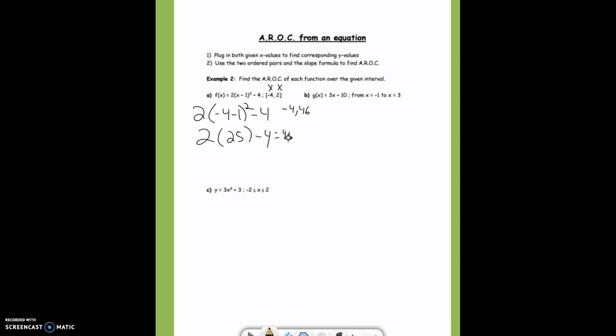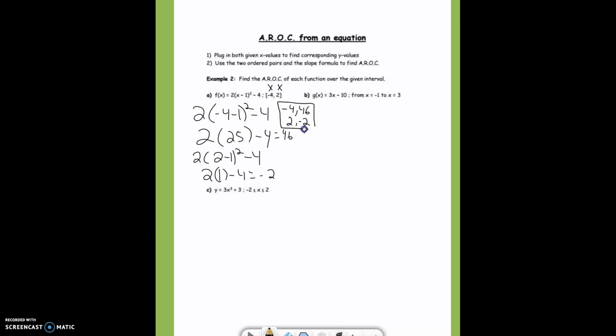So when I plug in 2 to the same equation, that's going to be 2 times 2 minus 1, which is 1 squared minus 4, which would be what? 2 times 1, minus 4 is going to be -2. Okay? So that's 2, -2.